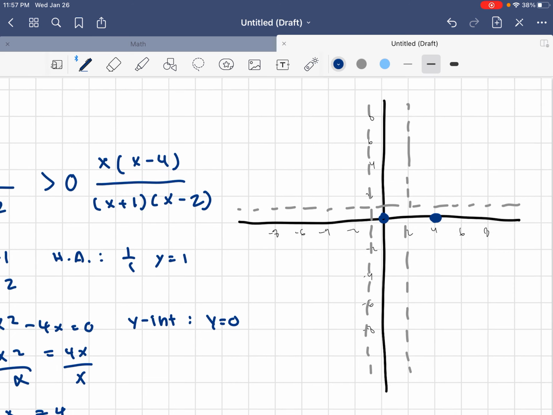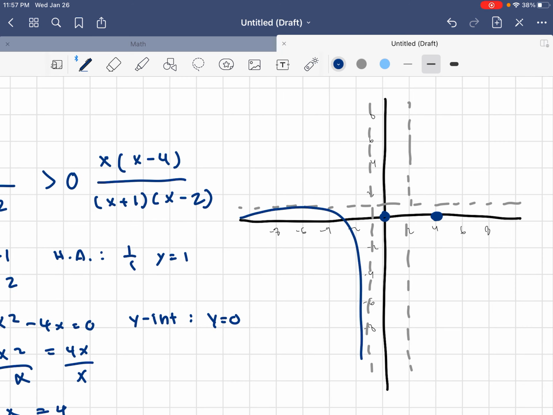Let's use our common sense. It can't do that because it's going to give us another x, so it has to do this. Okay, so for this one, it's gonna do that.